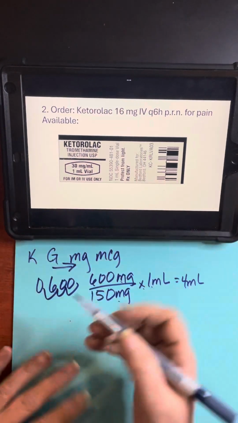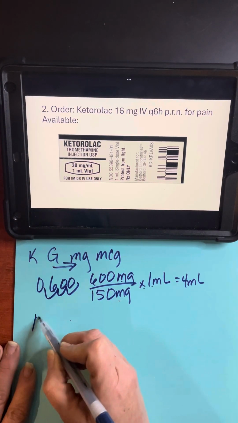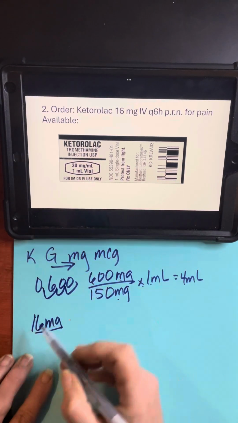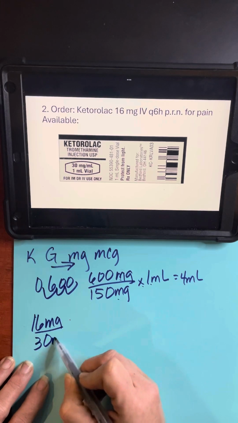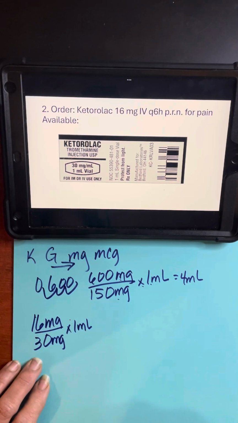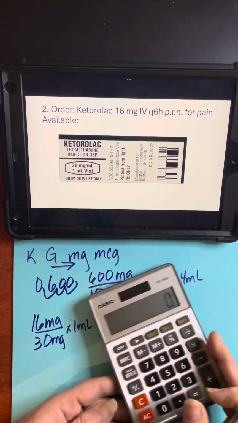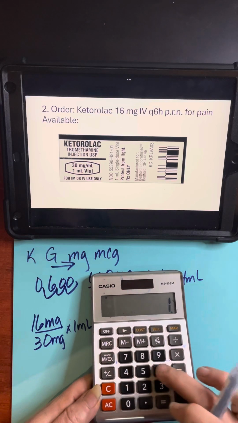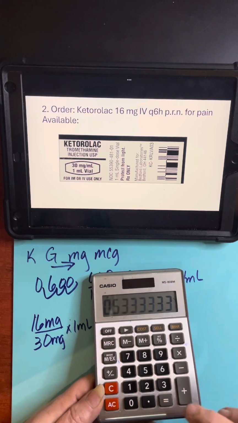So what he wants is 16 milligrams. What we have is 30 milligrams per 1 ml. So here we go again. Y'all know that. Okay, 16 divided by 30.